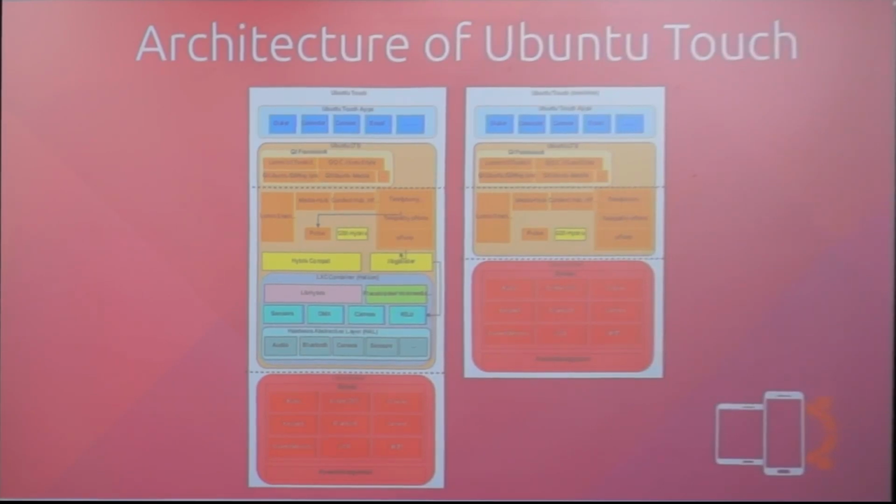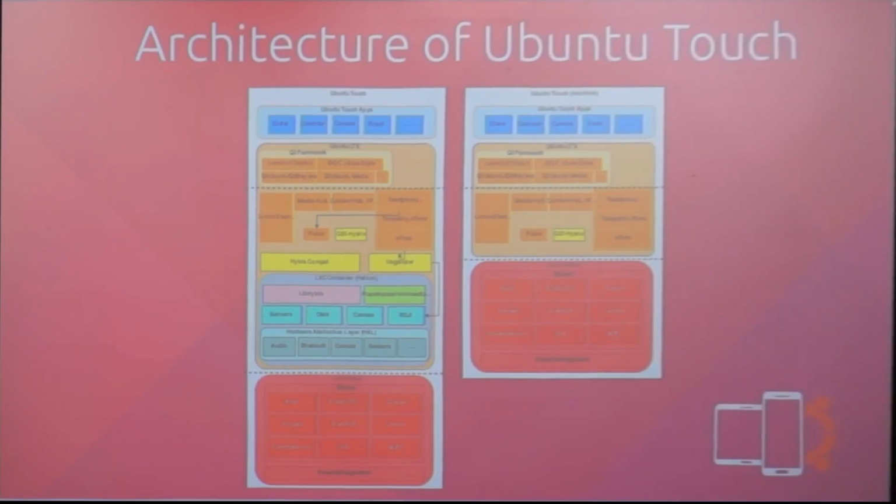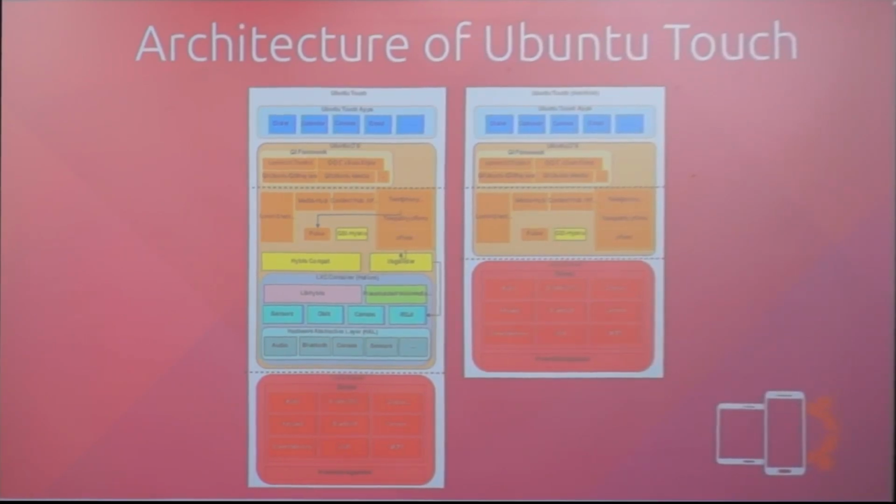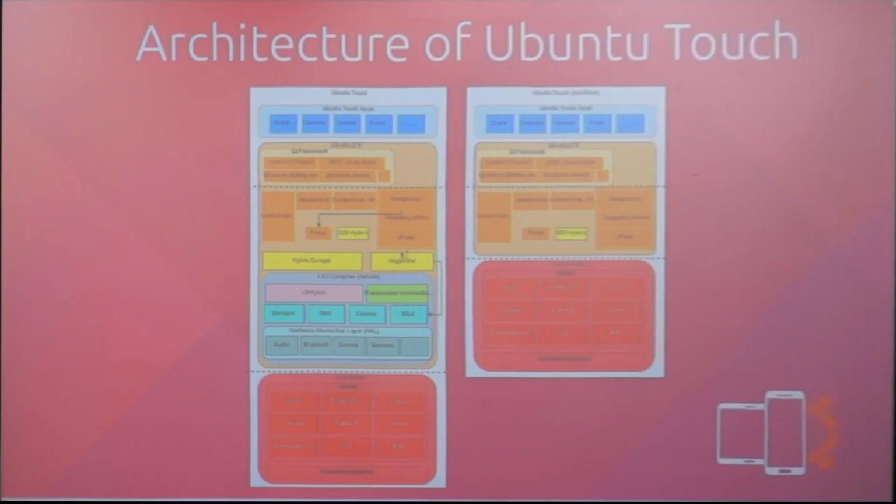And then we have a number of middlewares below that to support the applications. Some of the middlewares are those that you might be familiar with from Ubuntu desktop, like D-Bus, systemd, Network Manager, and then we have some Ubuntu Touch specific middlewares, and I will discuss that after this.